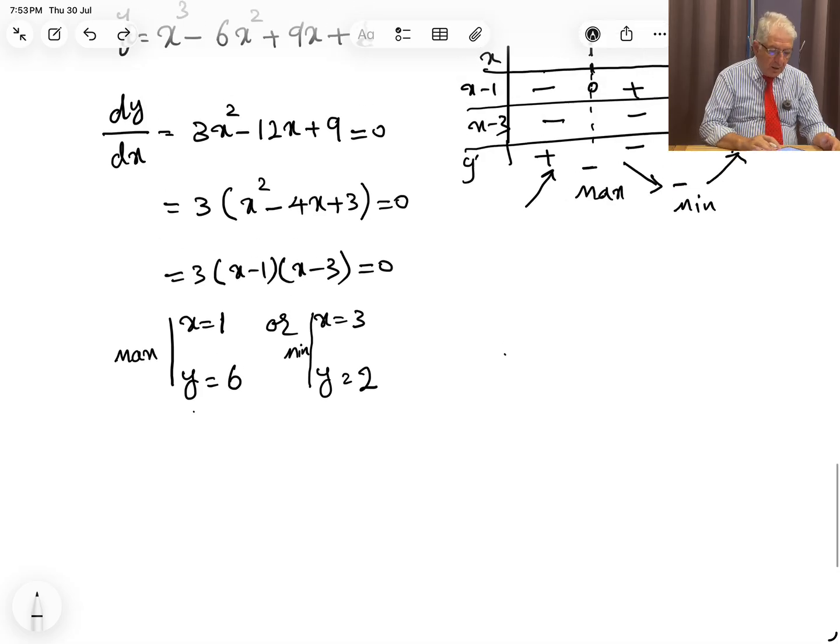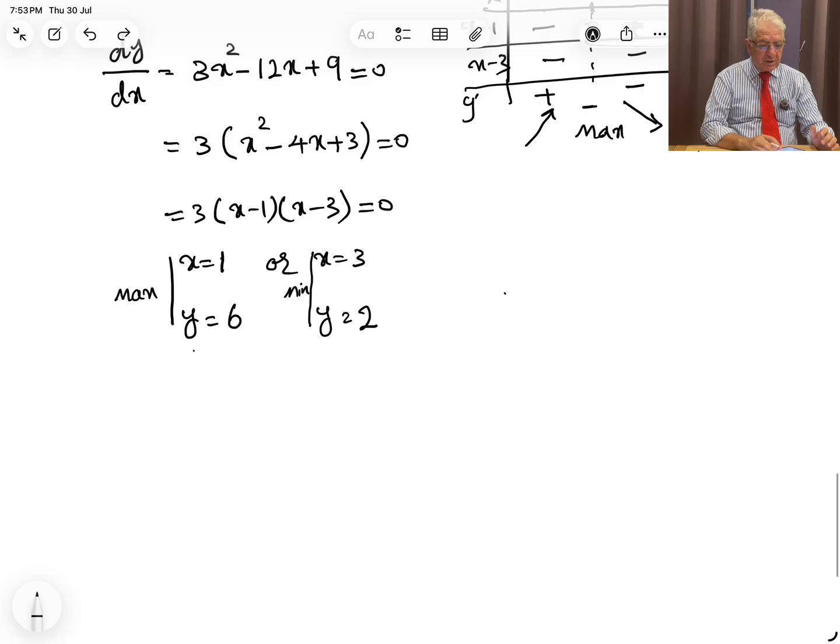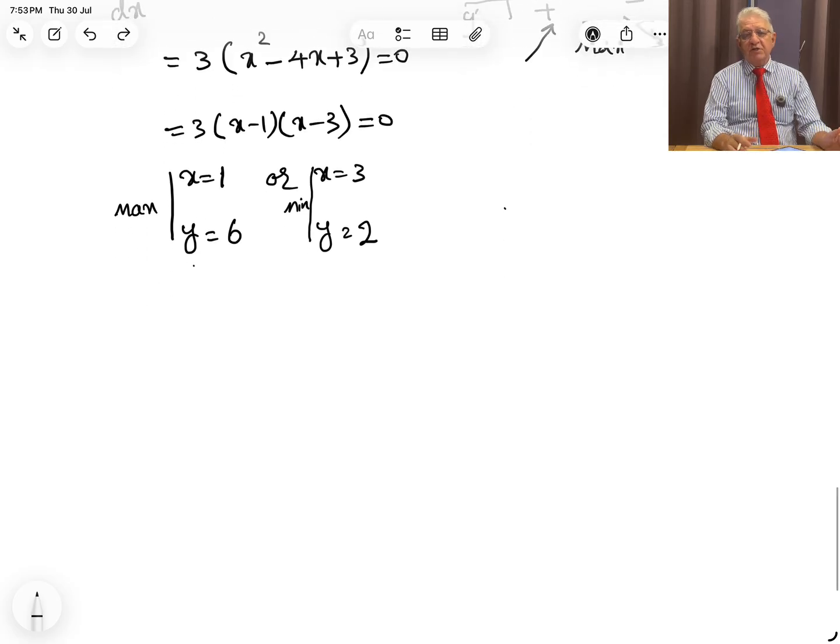Okay, now this is one of the applications. There is another application which comes to the second derivative of a function. Now look at this. I'm going to explain about this.